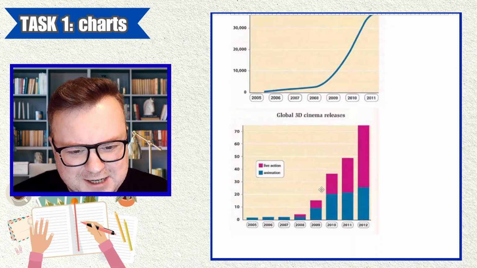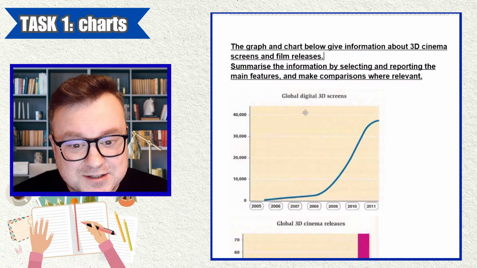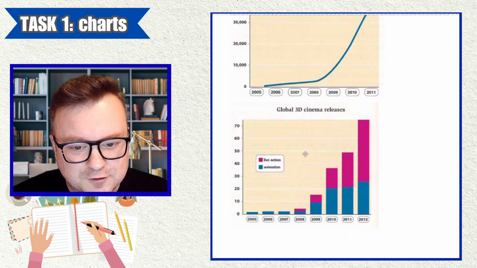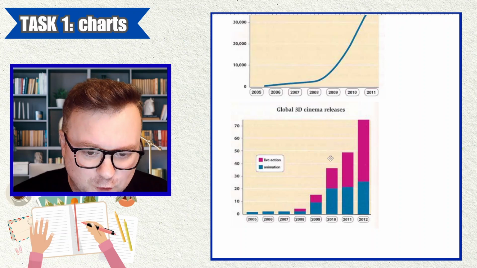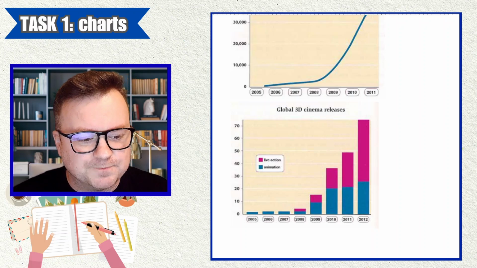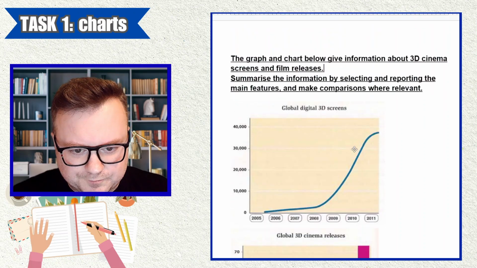And so it kind of makes sense that as the screens increase, the number of movies for those screens also increases. The number increases. Sorry. Okay.